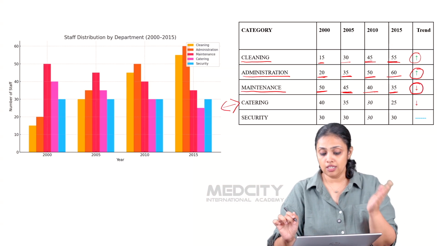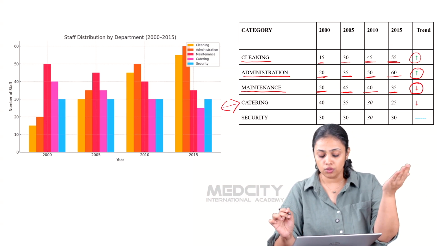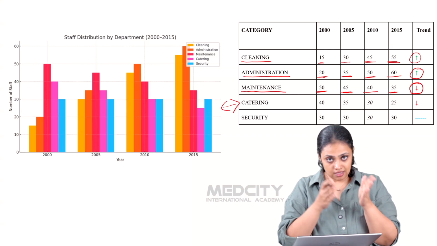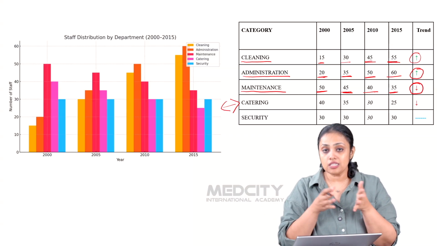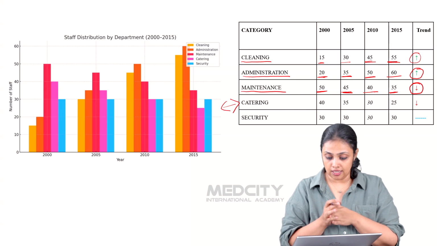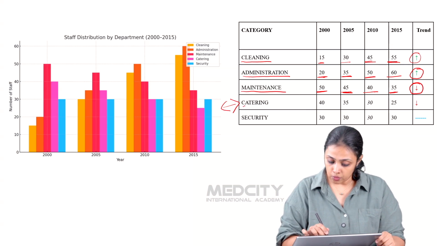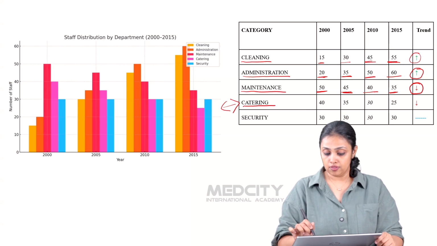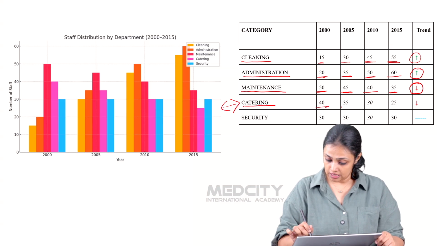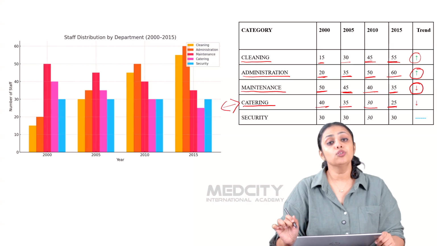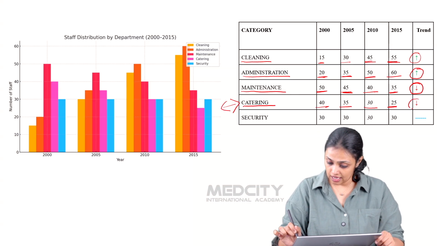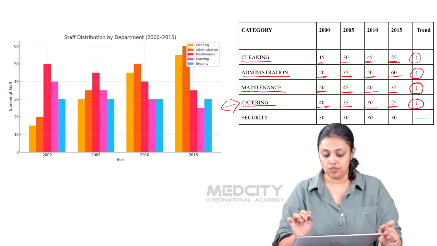Just like the increasing trend, this is not a sharp decline. This is again a steady decrease over the 15-year period. Now, talking about the catering staff, it started off at 40, dropped to 35, then to 30, and then to 25. So this is again a decreasing trend, a steady decrease.